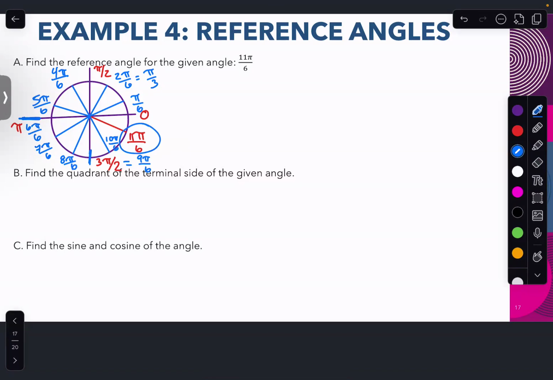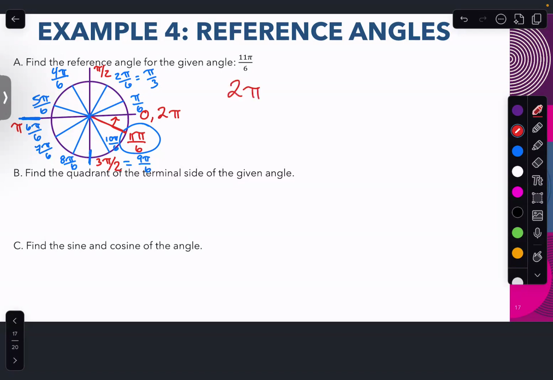Okay, now what is the reference angle? So I want to figure out what is the angle formed here from my terminal side to the x-axis. And the answer would be, well, the x-axis is now 2 pi, or 360 degrees.